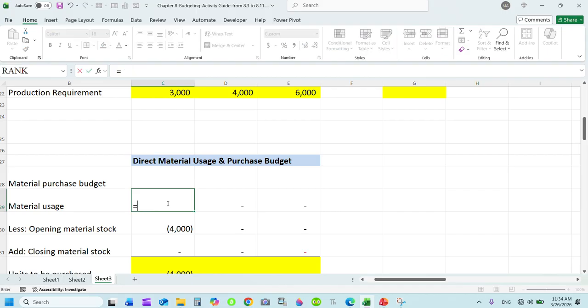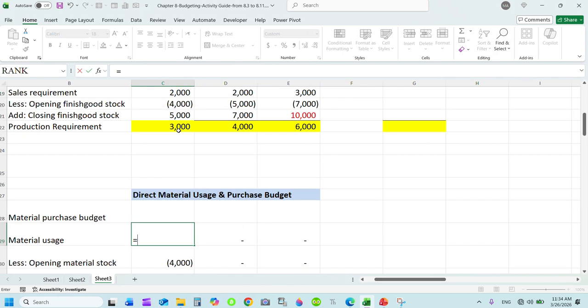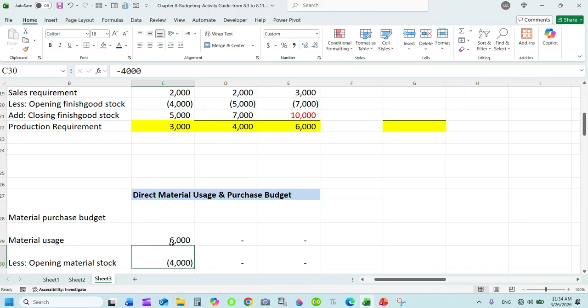Material usage is equal to, since your production requirement is this many units you are going to produce, 3,000 units to be produced, and we know for each unit we need 2 kilograms of raw material. Accordingly, this is your usage requirement. For you to produce 3,000, you need 6,000 kilograms of raw material.